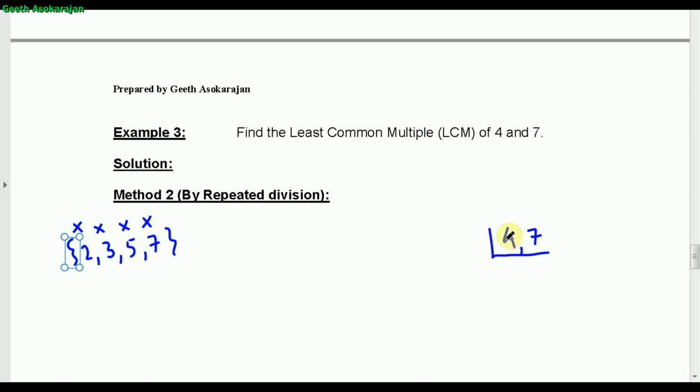So stop the process there, and the LCM of 4 and 7 in this case, all you do now is multiply these two. Let me revert to blue. 4 times 7 is 28, and then you're done.